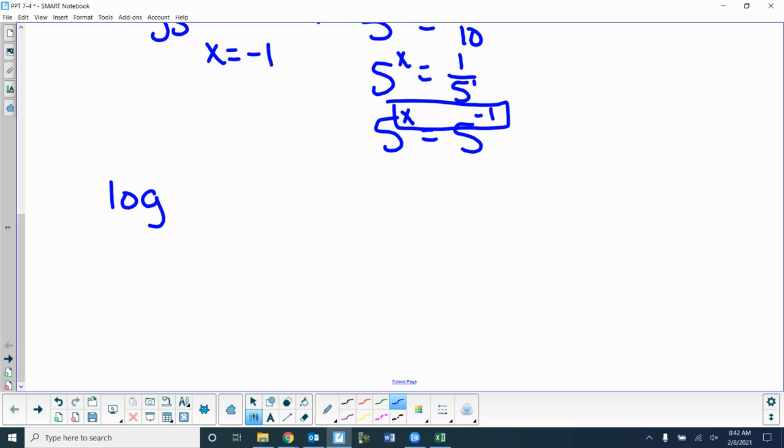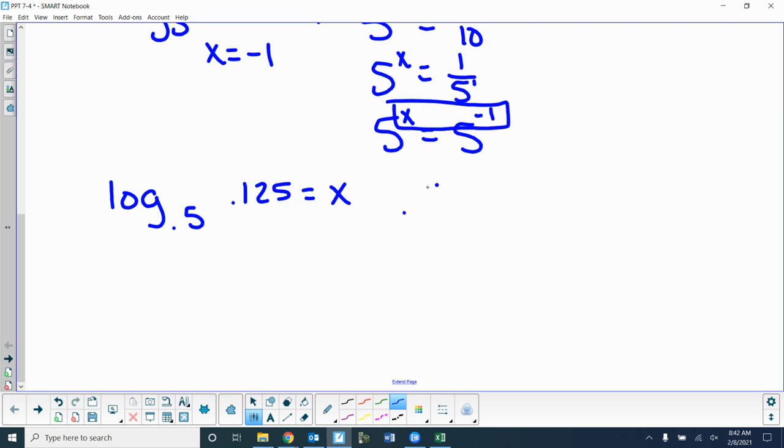Okay, the next one, number 28, is log base 0.5 of 0.125 equals x.